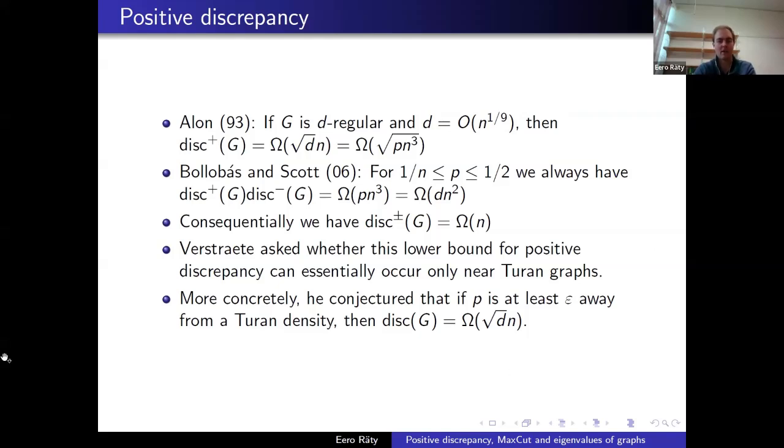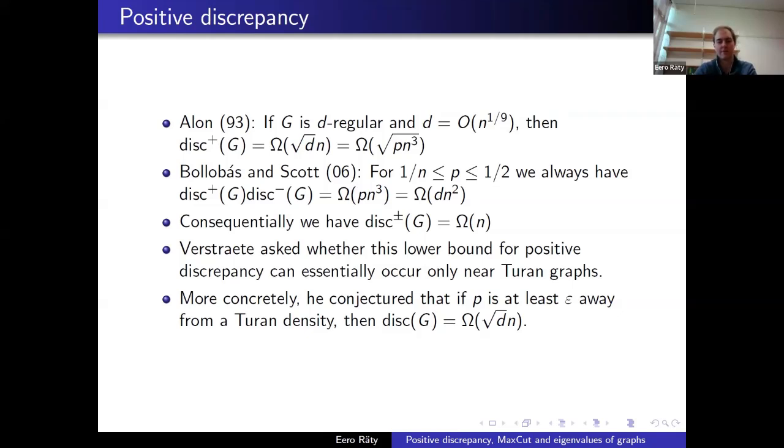But actually, in 2006, Bollobás and Scott proved a theorem which does the very opposite. They proved that if one of them is small, then the other one must be large. So the product of them has to be at least what Räty and others proved previously, squared.